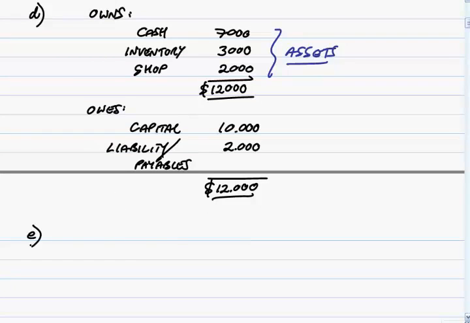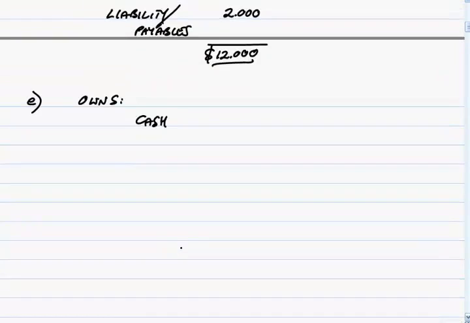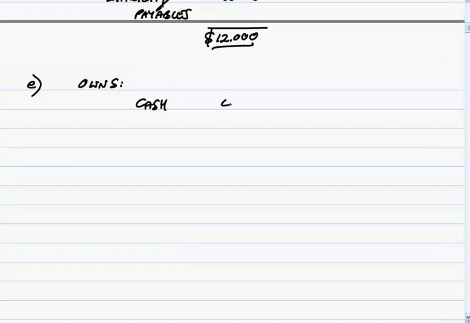So I'll carry on with E. We now buy a car for cash. Well, I think this should be easy enough. What do we own? Well, the cash of course will fall. It was 7,000. We've paid 3,000 for the car. The cash falls to 4. A car appears. It's an asset.